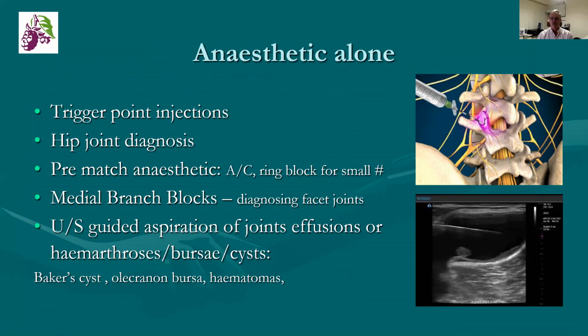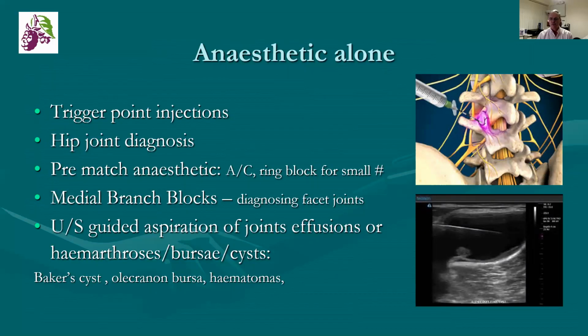It can be used to desensitize the capsule of a hip to diagnose hip joint pain. It can be used in the AC joint before a match or a ring block for a small fracture in a toe, just to get the athlete through a match.